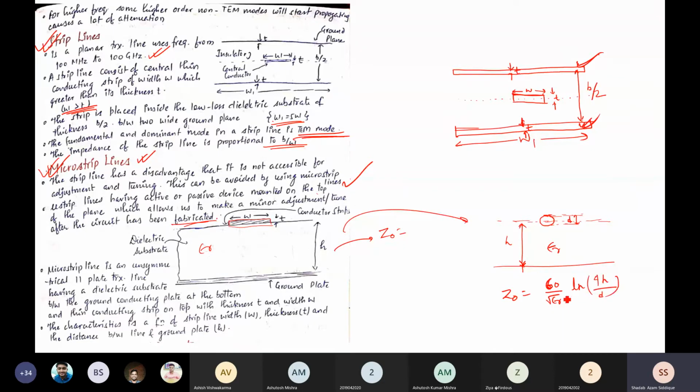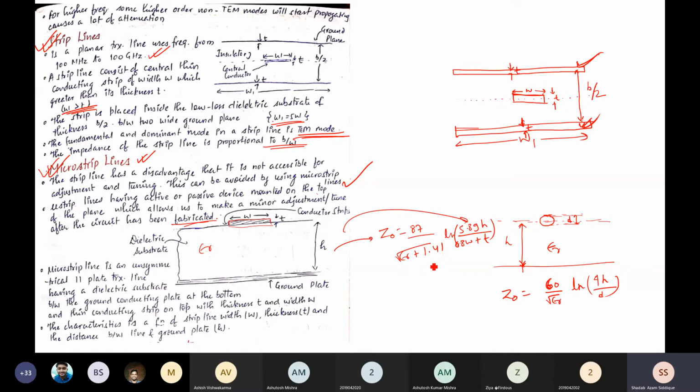Now, for the rectangular strip, the characteristic impedance will be around 87 divided by square root of epsilon r plus 1.41, ln of 5.89 h divided by 0.8 w plus t. There are conditions for this Z naught.